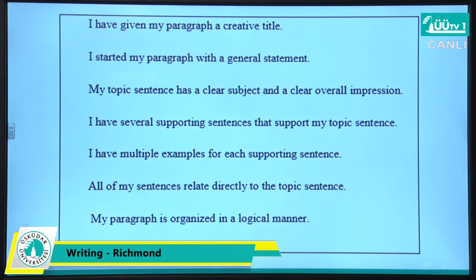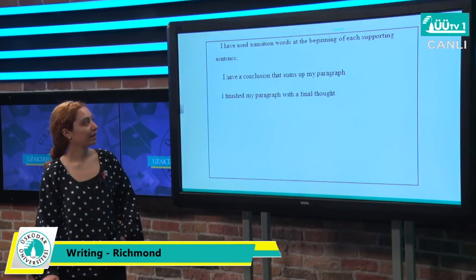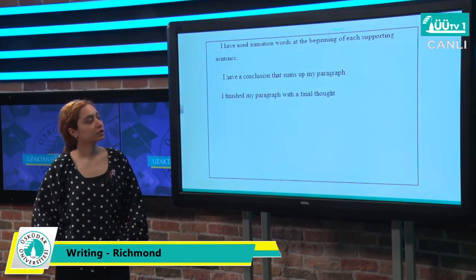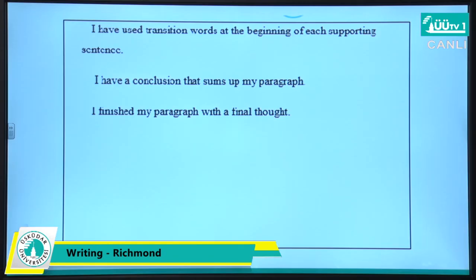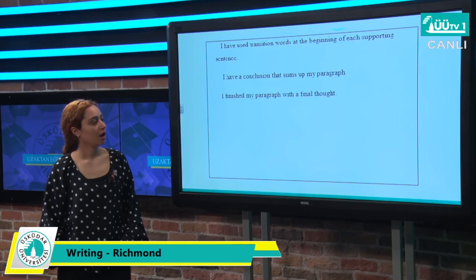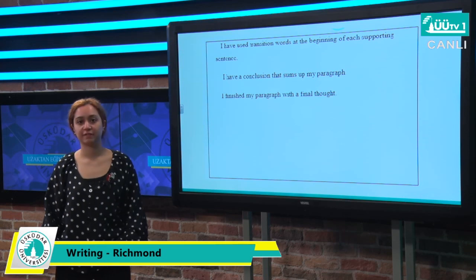I have multiple examples for each supporting sentence. All of my sentences relate directly to the topic sentence. My paragraph is organized in a logical manner. I have used transition words at the beginning of each supporting sentence, signal words. I have a conclusion that sums up my paragraph. I finished my paragraph with a final thought.